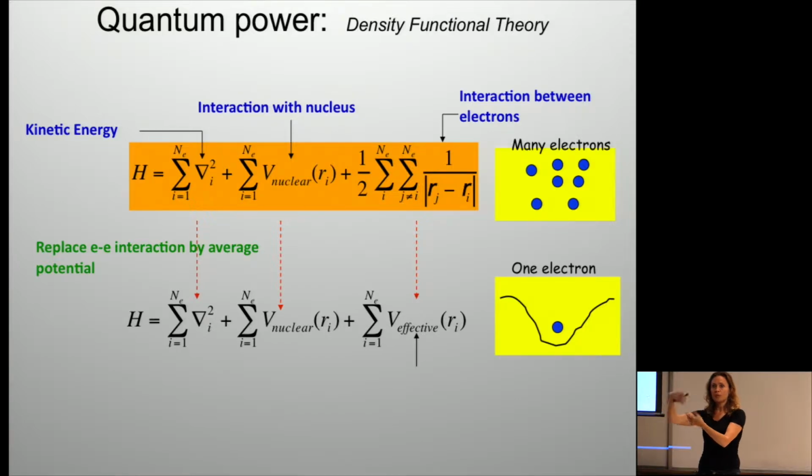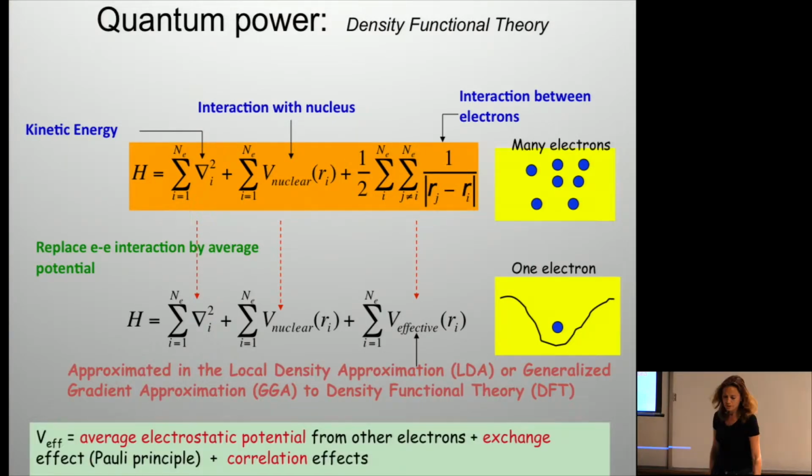So it's a simplification of the problem, and it approximates the many-body interactions, which we call the exchange correlation energy. It contains the Pauli exclusion principle and all those things you've heard about in quantum mechanics. And so we have to cast things in what we call this effective potential. This one here. All the magic basically sits in that part. That's the approximation to the Schrödinger equation.